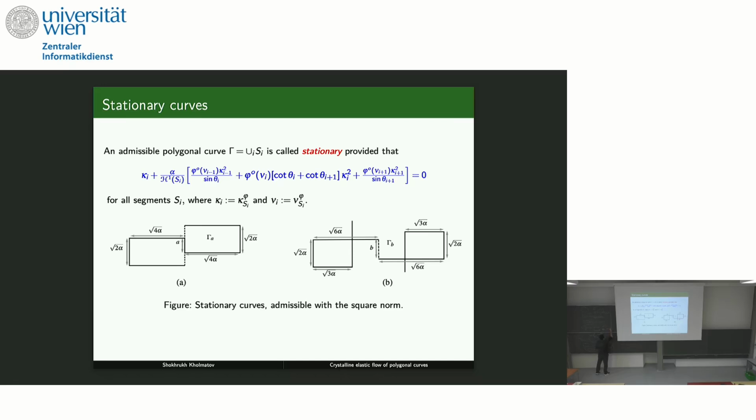Here, this is a one-parameter family, A. So if I change this length up to a certain amount, the stationarity doesn't change. It always remains stationary. But segments with non-zero curvature always should have the same length. I cannot change this length if I want to keep parallels, but I can move this vertical segment up and down a bit. And here, the unbounded case.